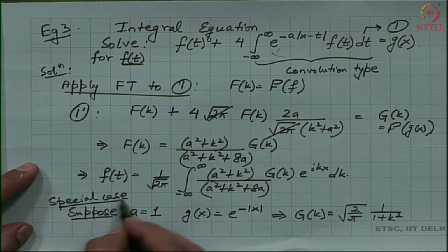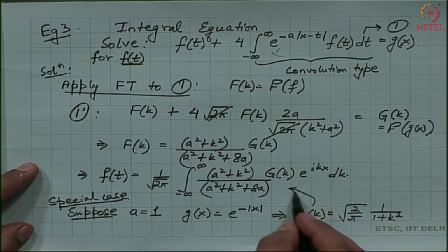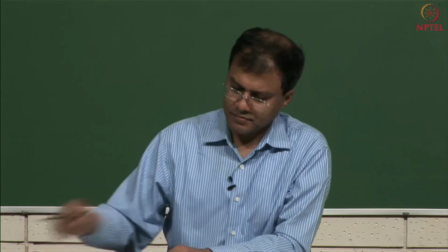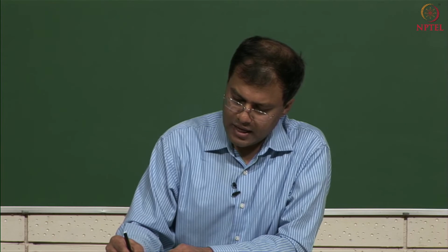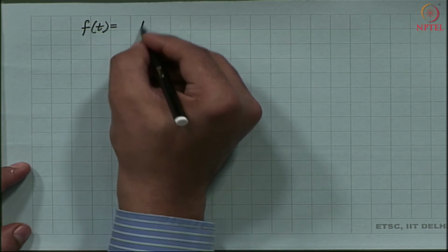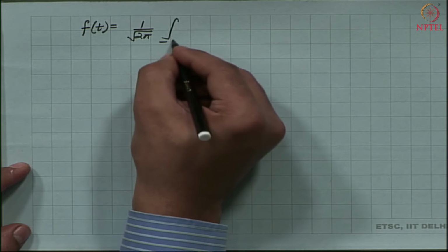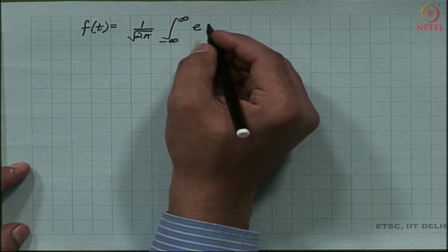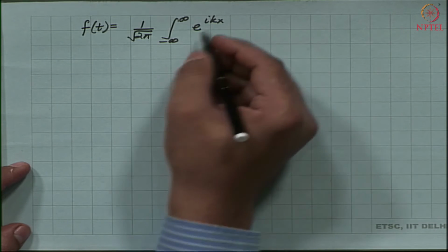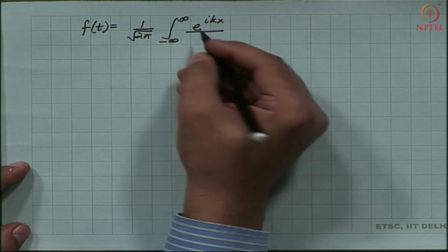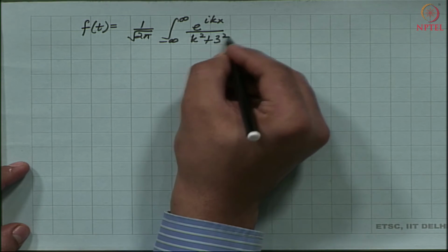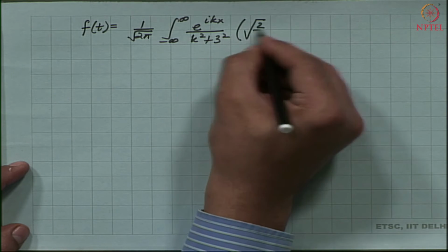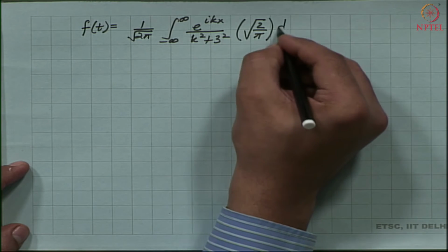Substituting all these values, let us say this is my 2, I get that f of t is 1 by square root 2 pi times the integral from minus infinity to infinity of e to the power i k x divided by k square plus 3 square, the 9, times of course this factor square root 2 by pi, dk.